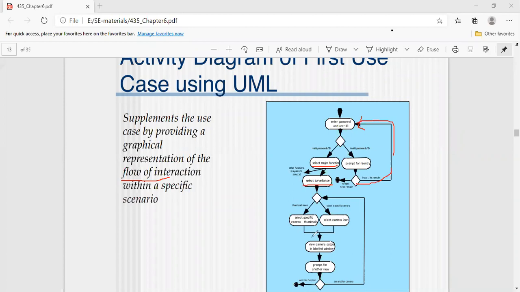Based on this, he will get all the cameras in a thumbnail manner, or otherwise he may get a full camera icon for a single area.